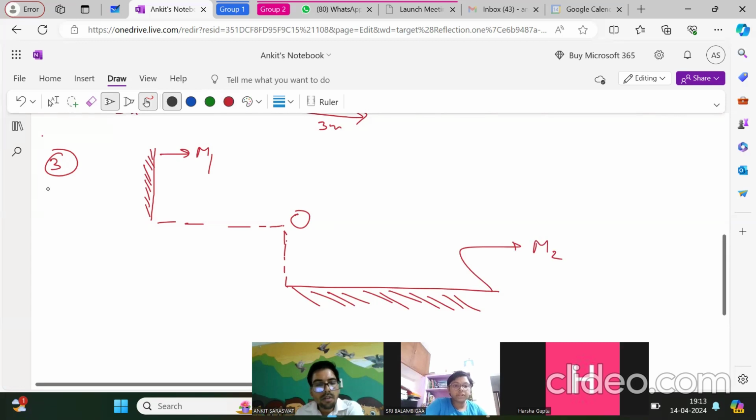Two images. Very good. 2 images. One image will be here, I1, and one image will be here, I2. Any other image will be formed? I can draw the ray diagram.